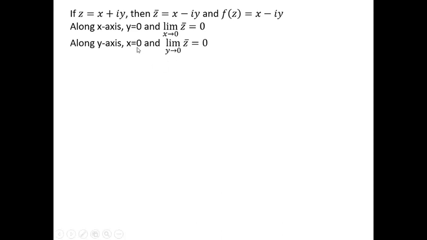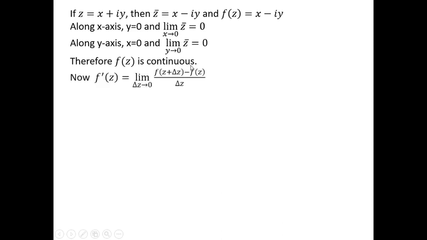Along the y-axis, x is equal to 0. Then limit y tends to 0 of z bar is equal to minus i into y. Here y approaches 0. Again the value is 0. Here the limit value is 0, which means it is unique. Therefore, the limit exists and it is continuous.